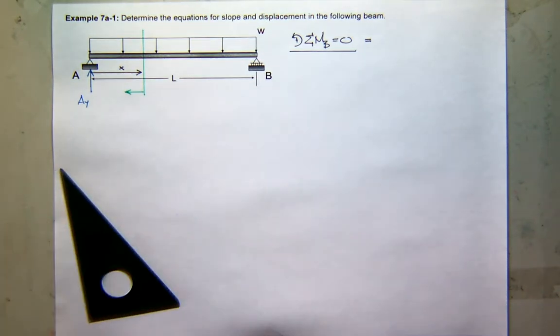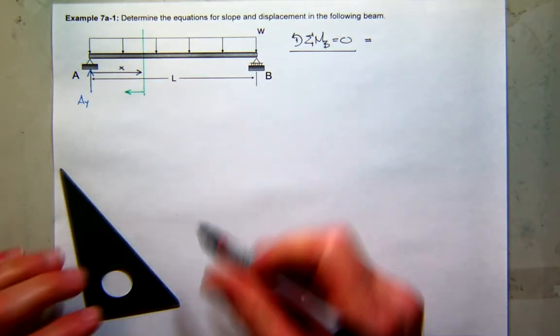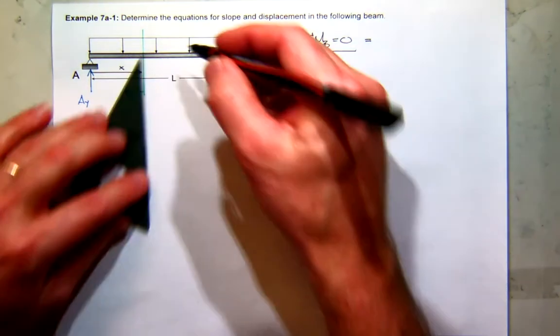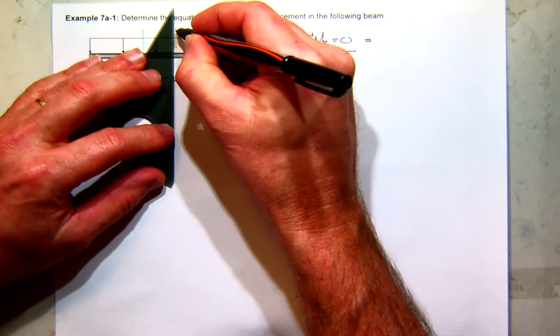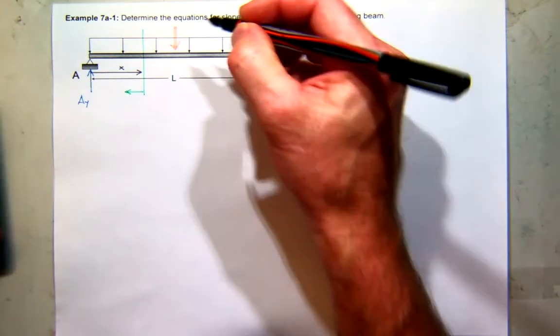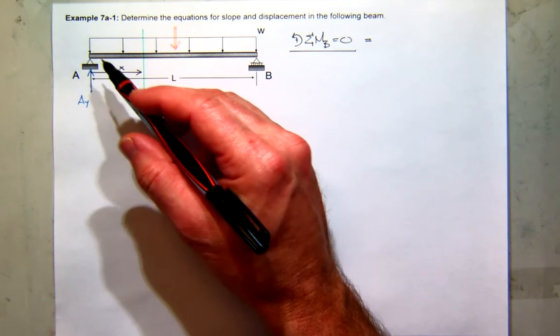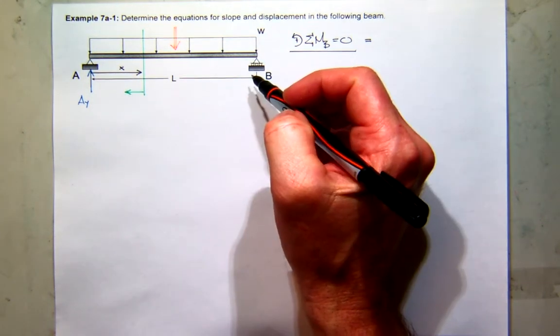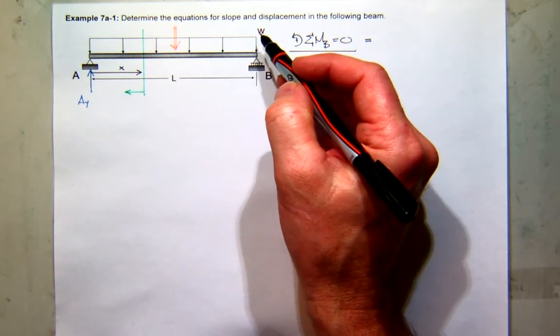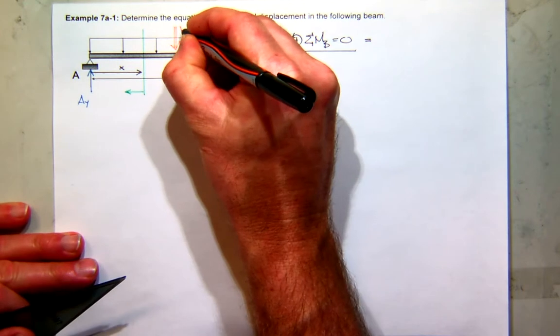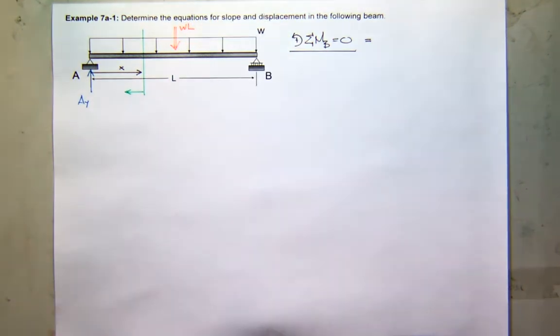Well, I'm going to need to do something with this distributed load. The easiest thing to do is to get a concentrated load that's equivalent. And we know for a rectangular section that the area of a rectangle is base, in this case L, times height, W. So this force becomes WL.